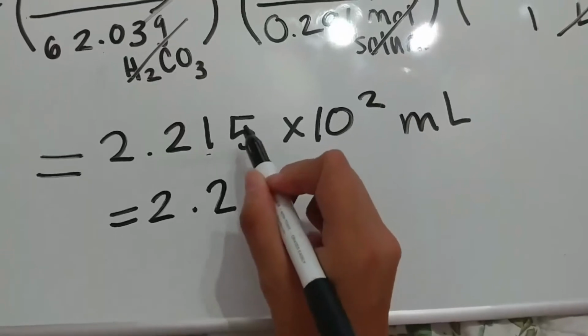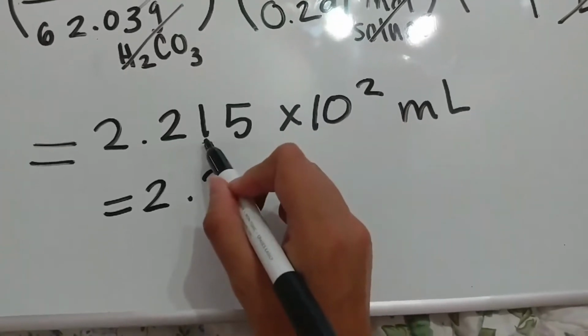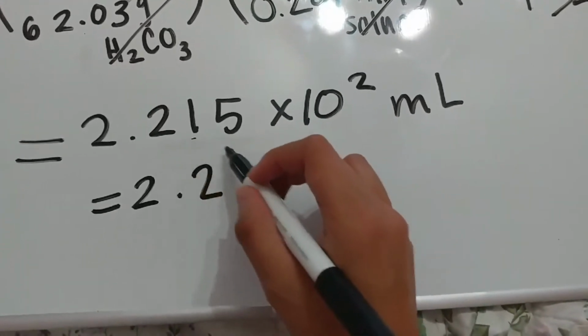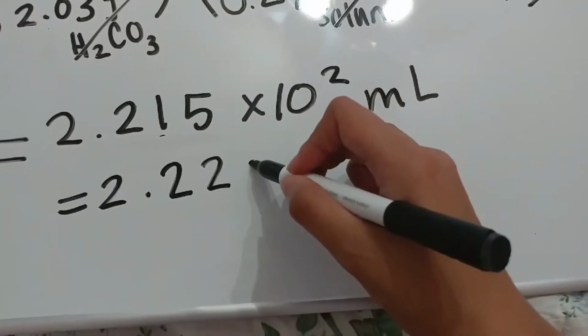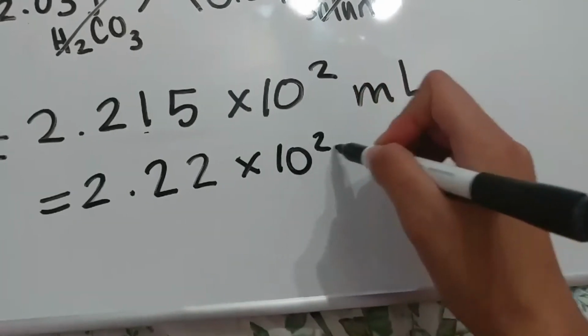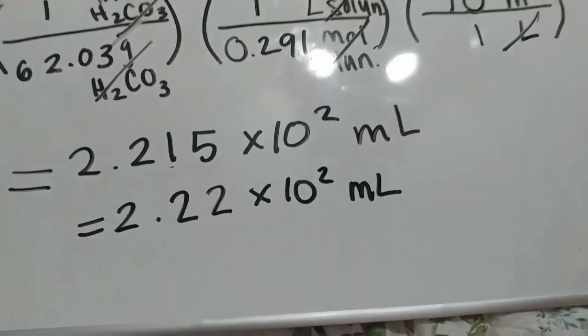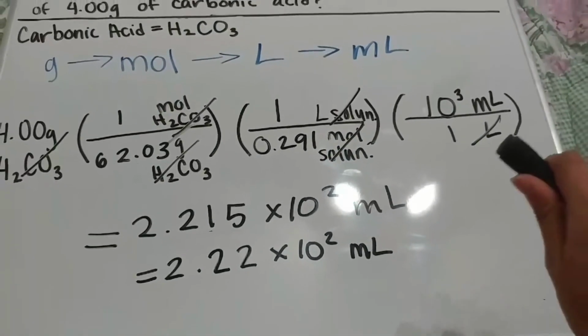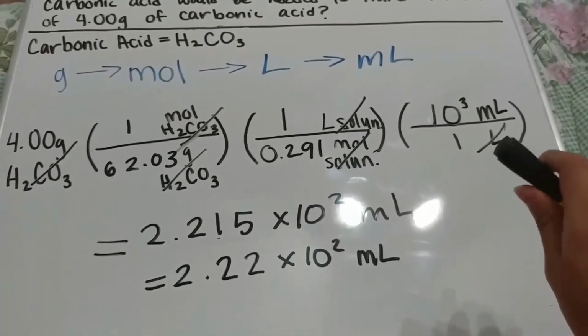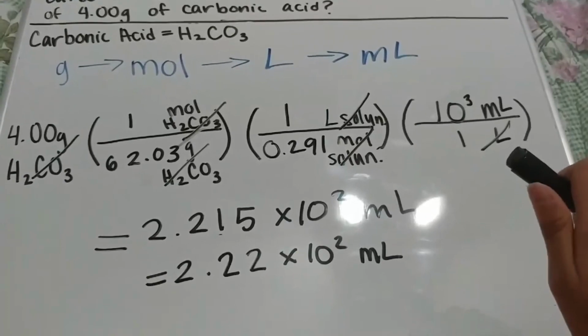Anything 5 or above, we have to round up. So we have to round up the 1 to a 2. So it would be 2.22 times 10 to the second milliliters. And that is how you solve an equation that involves concentrations of solutions.